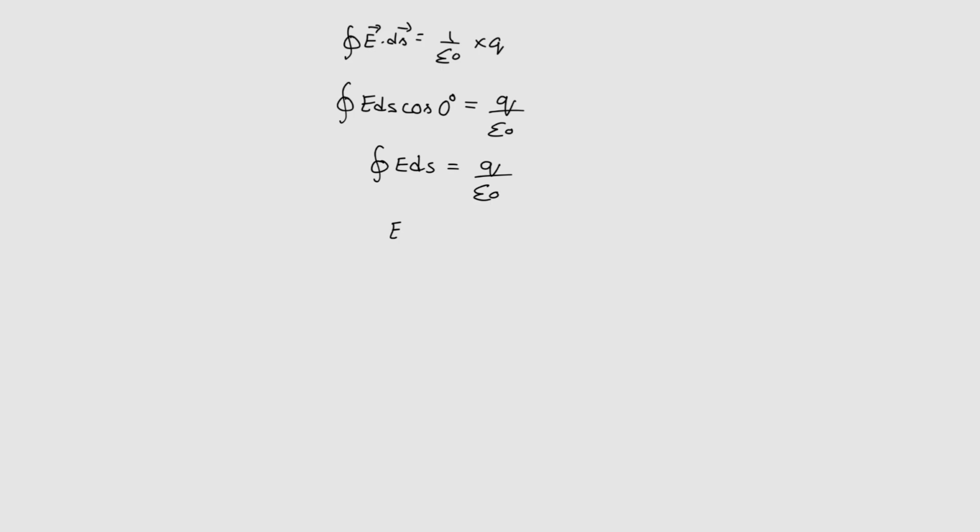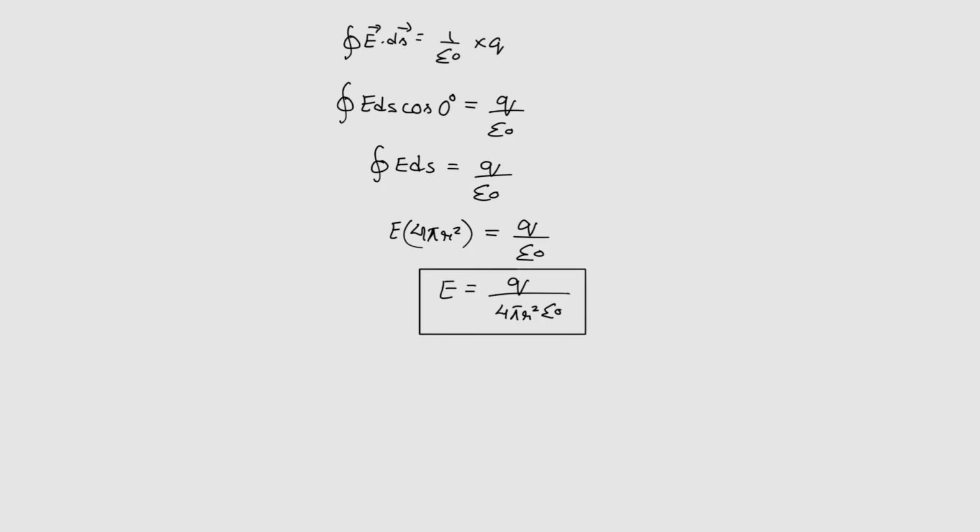And what is the surface area of a sphere? It is 4 pi r squared. So E into 4 pi r squared equals Q by epsilon naught, hence E is equal to Q divided by 4 pi r squared epsilon naught. So this is the formula for the electric field due to a hollow sphere at any point outside.